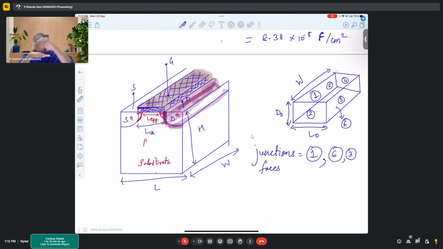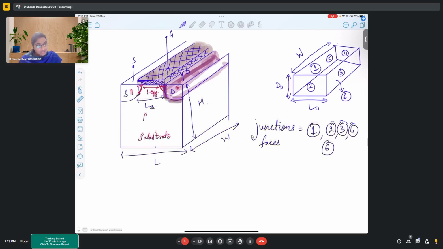Other than that, all the surrounding faces and the bottom will have junction. So the faces that will have junction are 1, 6, 3, 2, and 4. So the faces that we need to consider are 1, 2, 3, 4, and 6.